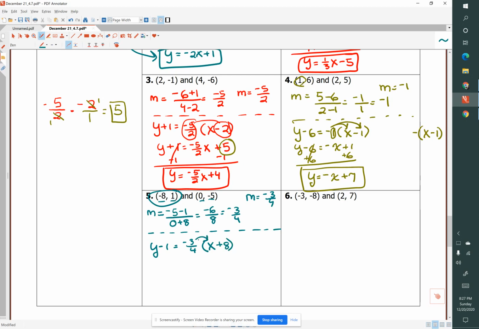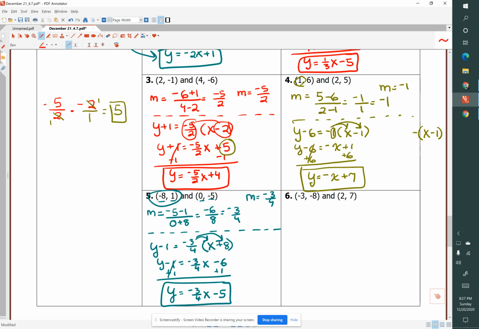And now we distribute. y minus 1 equals negative 3/4 x minus 6. Negative 3/4 times positive 8 is negative 6. Now we add 1 to both sides, and y equals negative 3/4 x minus 5. And there's our slope-intercept form.